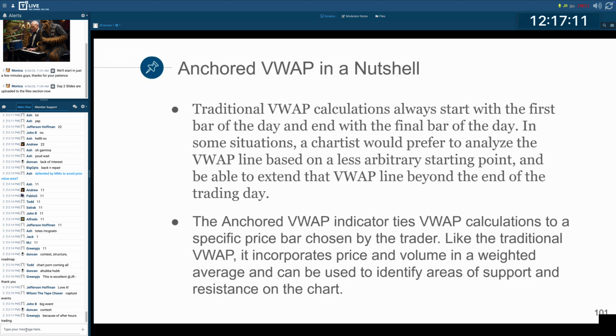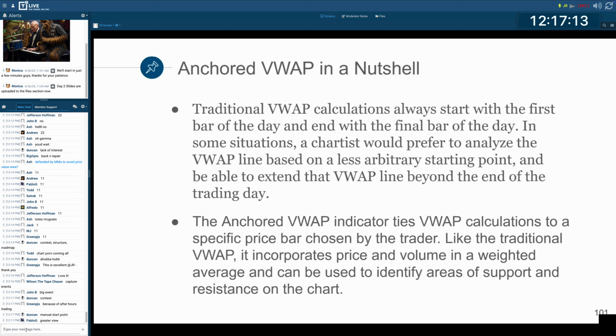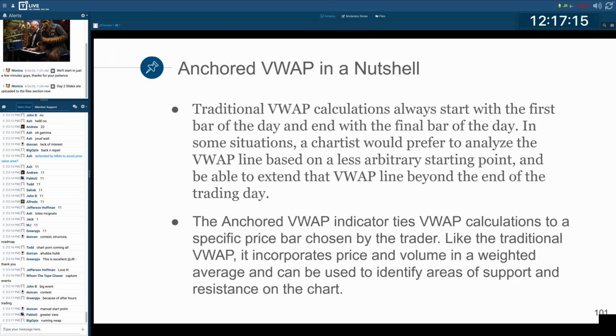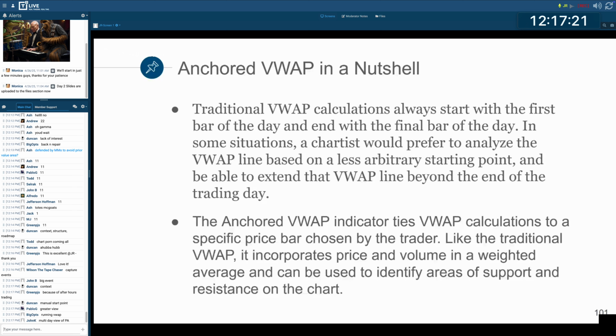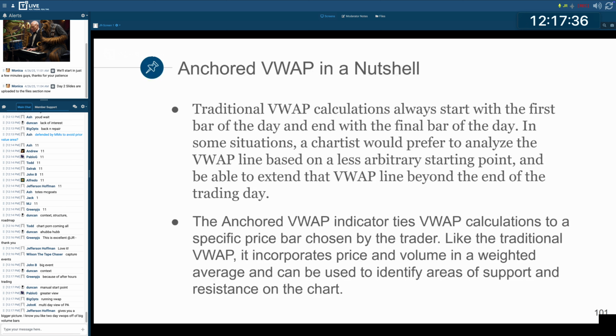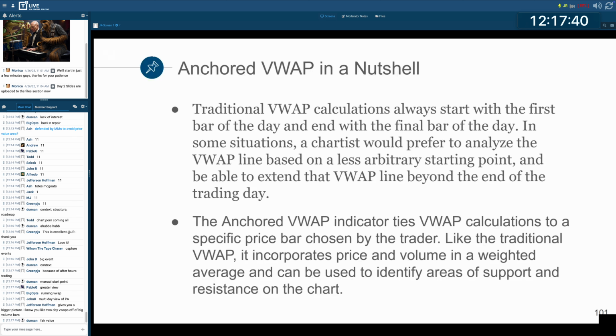Let me go through the next paragraph. The anchored VWAP indicator ties VWAP calculations to a specific price bar chosen by the trader. Like traditional VWAP, it incorporates price and volume in a weighted average that can be used to identify areas of support and resistance on the chart. What does it tell you when you're in a bullish price action sequence, okay, and you anchor the first igniting move of that sequence? What will the return to that anchor from a day or a week or a month ago tell you?